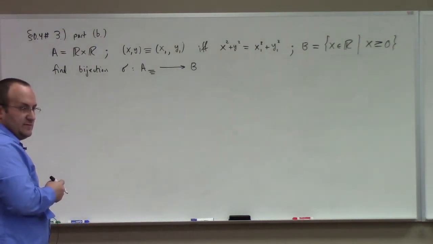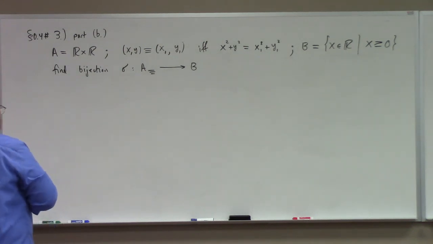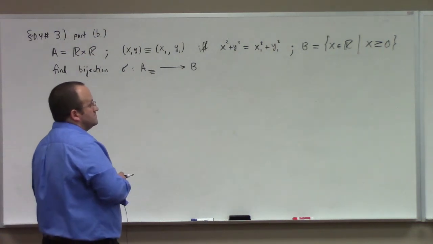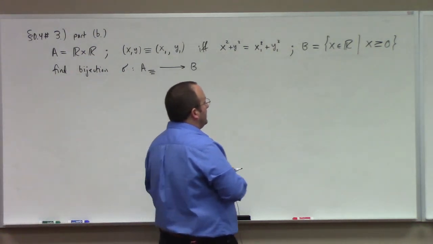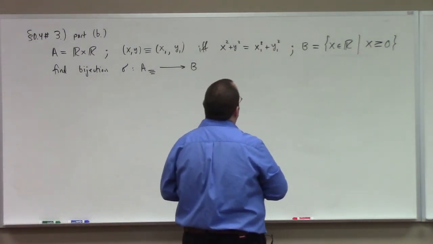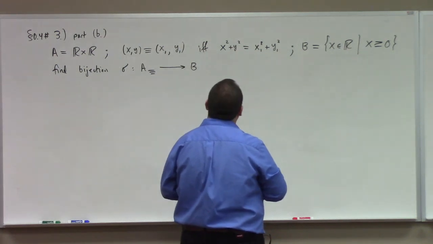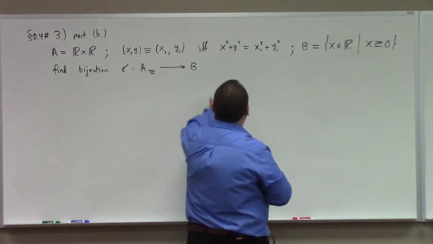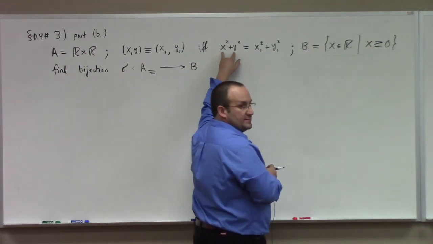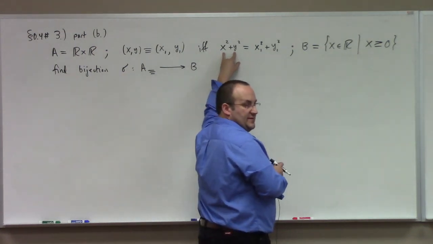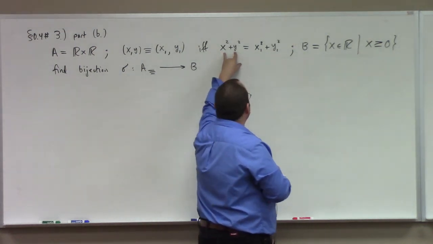When two points are equivalent, what does that mean geometrically? What is x squared plus y squared? If I set it equal to a constant, it's a circle.